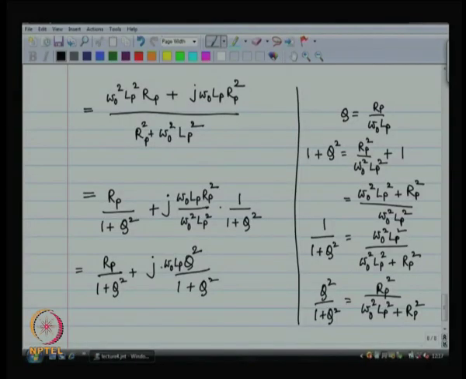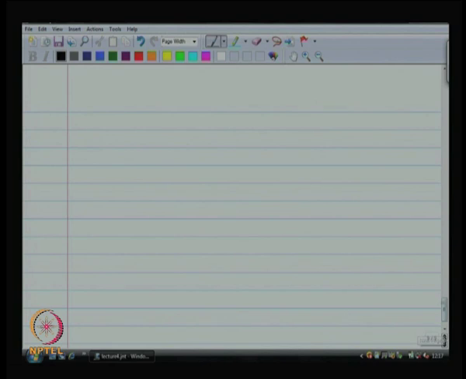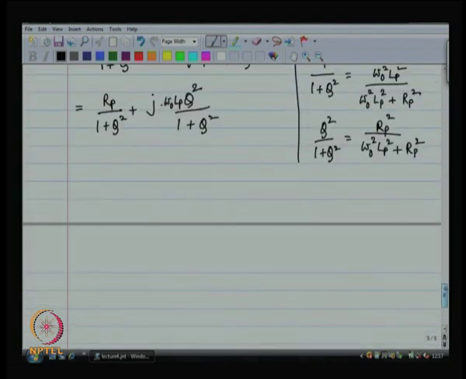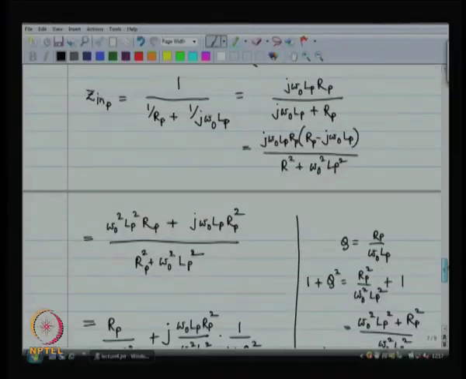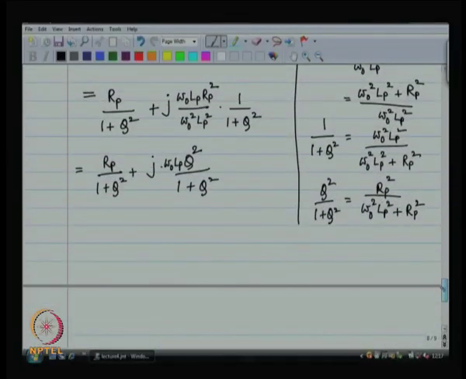This is usually a very handy sanity check. So, I could correct myself just based on dimensions, right. All right. So, this is Zin of the parallel network. Now, Zin of the series network is very easy to know.